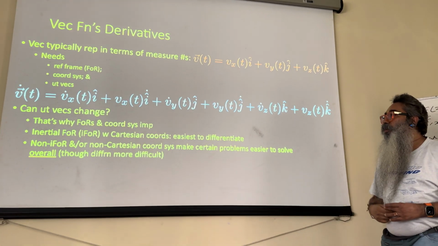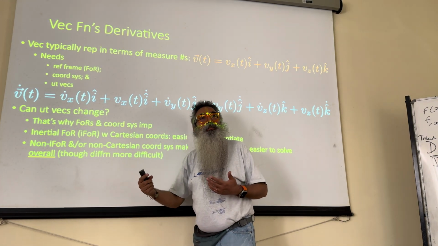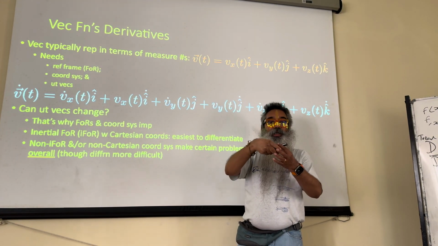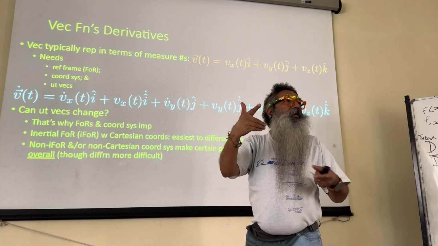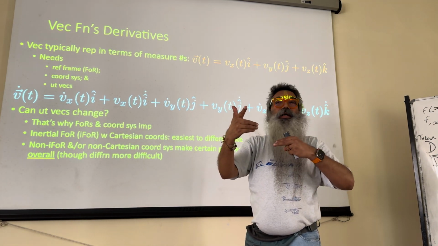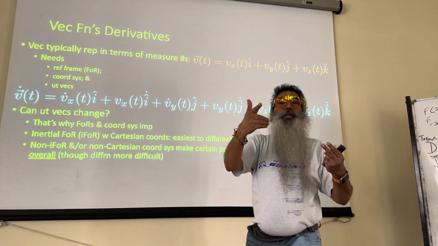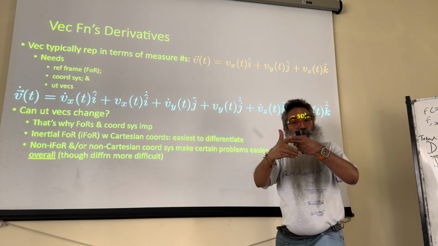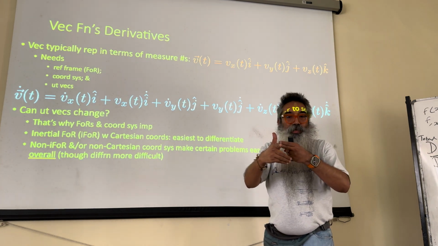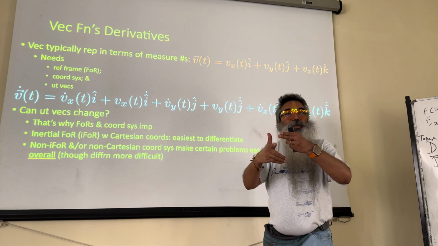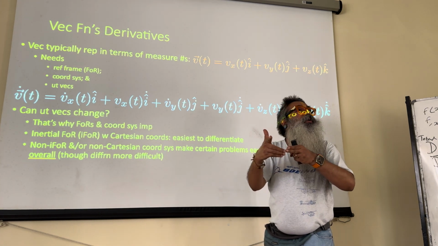Overall, of course, in these cases the differentiation becomes a little more difficult, because in the Cartesian coordinate system everything is hunky-dory. You have bi dot bj is the Kronecker delta, your bi cross bj can again be found through a permutation tensor. Then you know that throughout the x curve the i is going to be the same tangent, it's not going to change directions because this is a straight line. j is going to remain the same, k is going to remain the same.